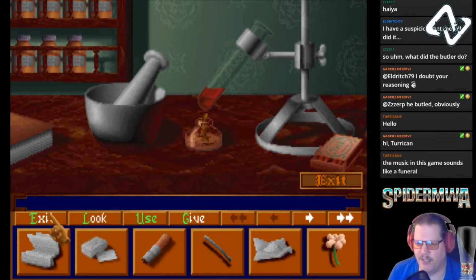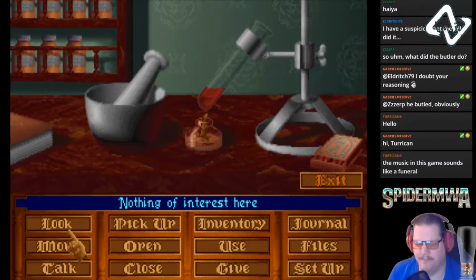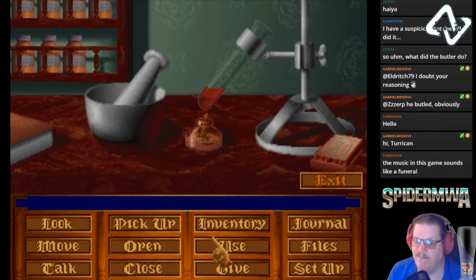The use goes in here. That cannot be opened. Move. Pick it up. The music in this game sounds like a funeral. Kinda. Has that morose tone to it.